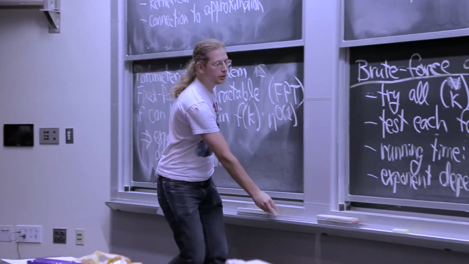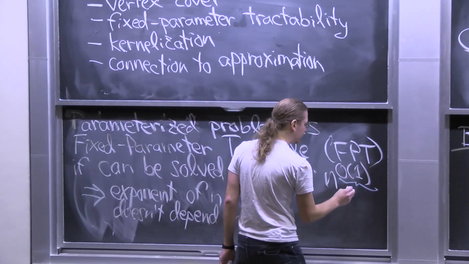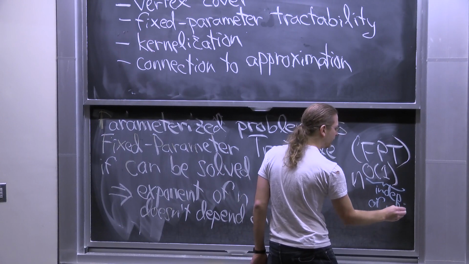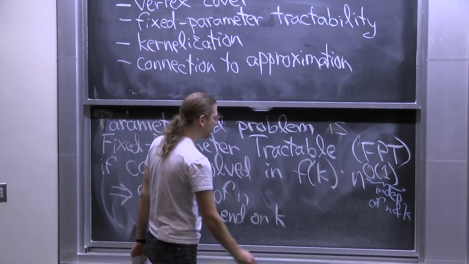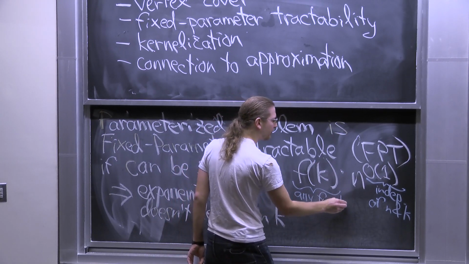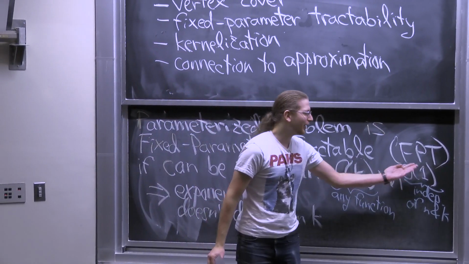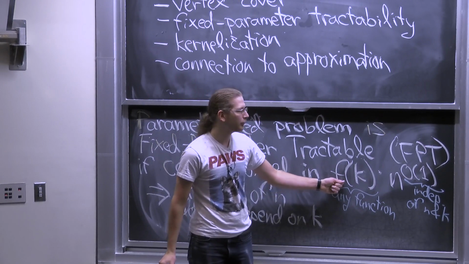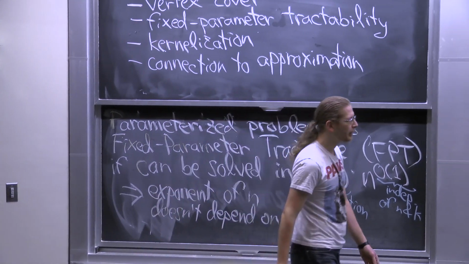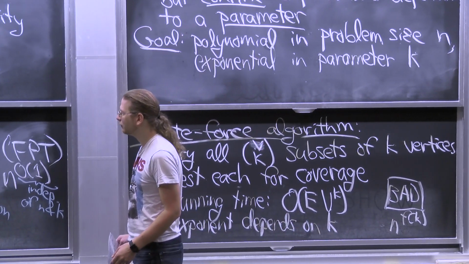For this definition, just to be explicit, I want the constant here to be independent of n, and it should be independent of k. This can be any function. It's presumably an exponential function, because if this is an NP-hard problem, something's got to be exponential. This clearly is not exponential, so it's got to be here. So this is the sense in which we're exponential in k, polynomial in n. But it's much better than this kind of running time.